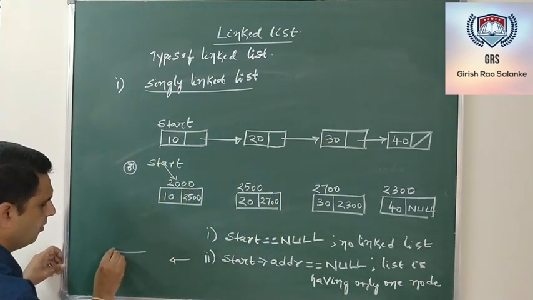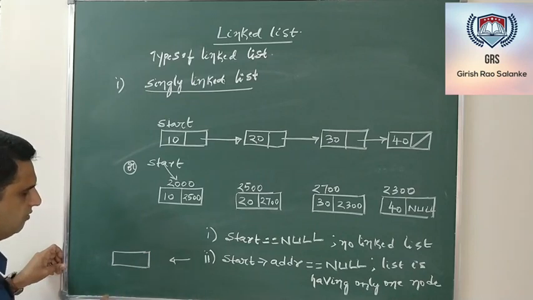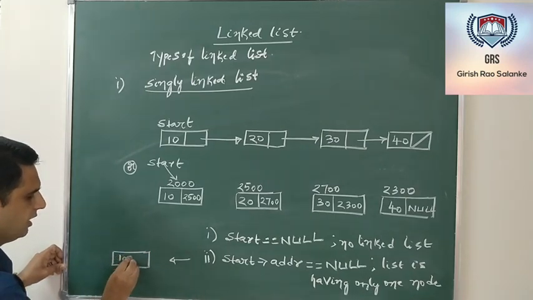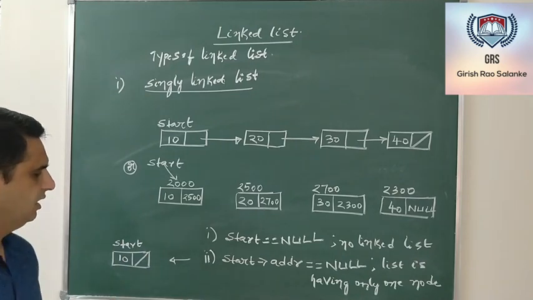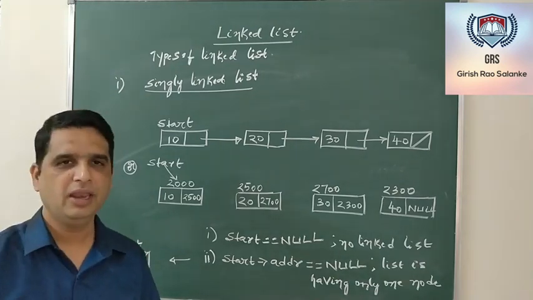Assume that there is a linked list with only one node wherein information 10 is there, and this is my start, and start of address is null. Then it implies that there is only one node in my list.